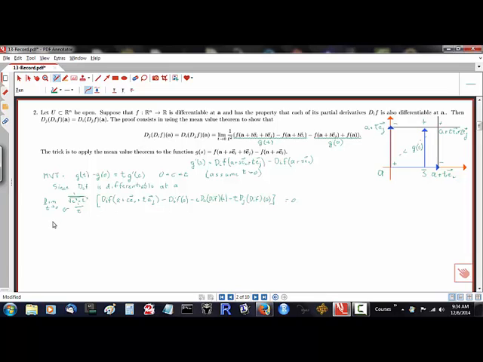We can do the same thing if we start out with just the function d sub i f evaluated at a plus c e sub i. In this case, I only have to subtract off one of these terms.